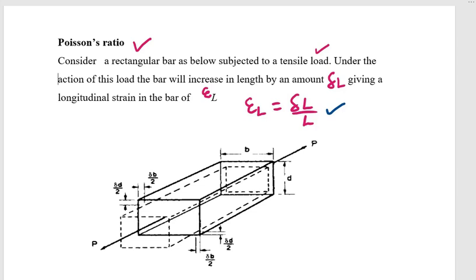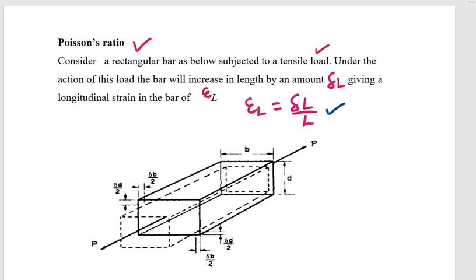Now, when you observe this bar, which has been subjected to tensile load P, there is going to be an increase in length along, of course, this axis, but there will be a reduction of the breadth and depth.